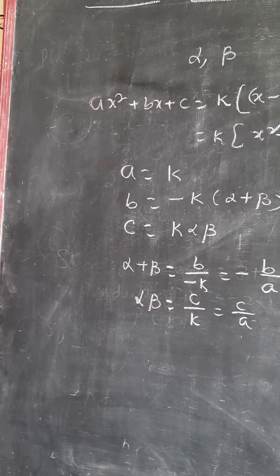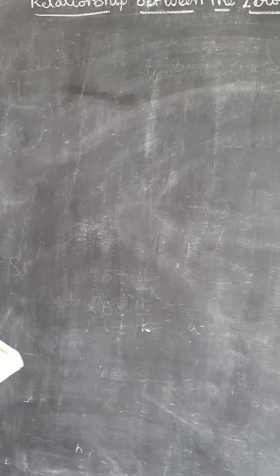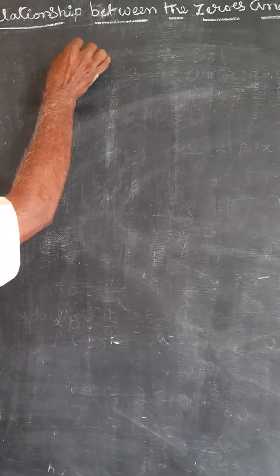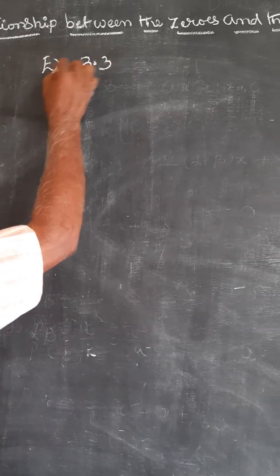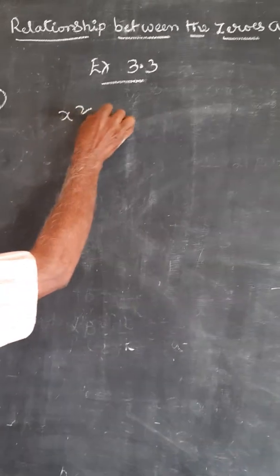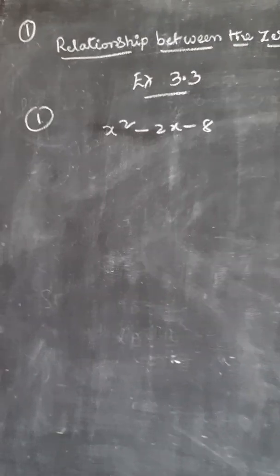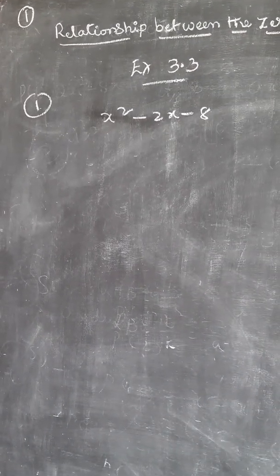We will practice some problems in exercise 3.3. First problem: find the zeros of the polynomial and verify the relationship between the zeros and the coefficients of the polynomial.